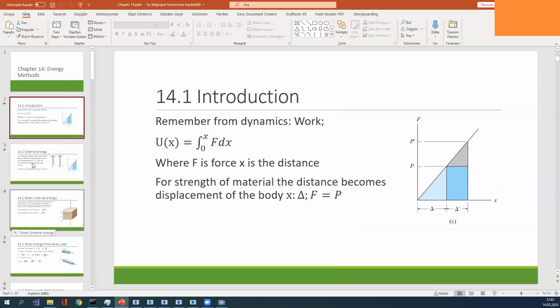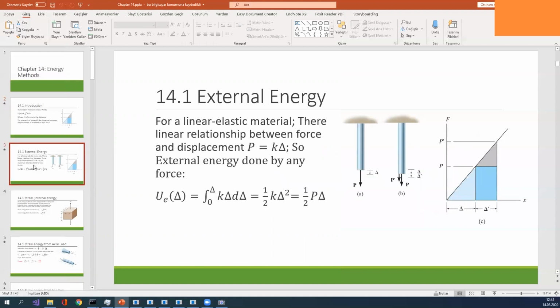So what is this? This is the external energy. If I have an external force P and want to measure the energy produced by P, it means P times delta divided by 2. But we also have another energy, because we have a conservation of energy or work principle.